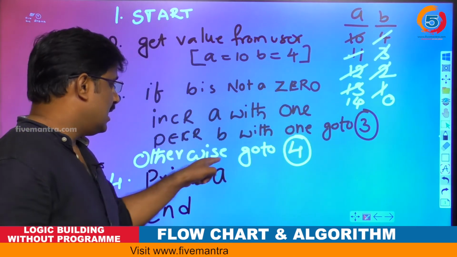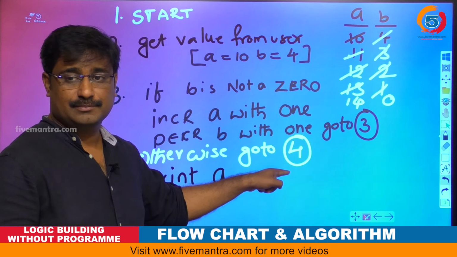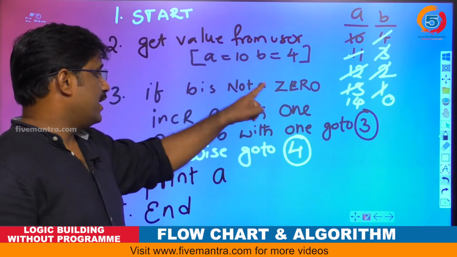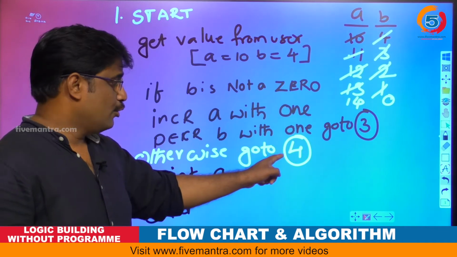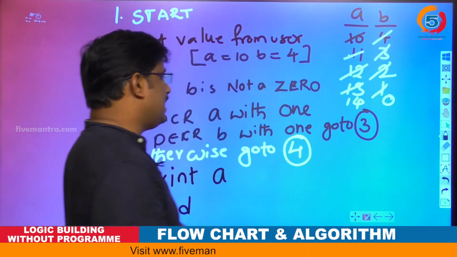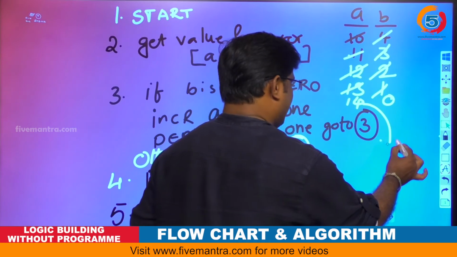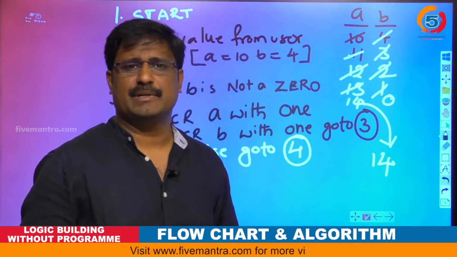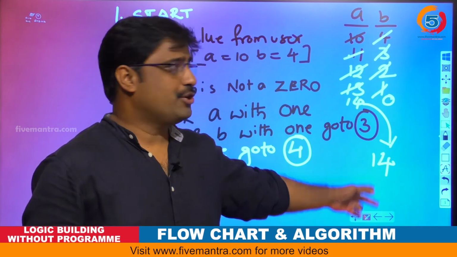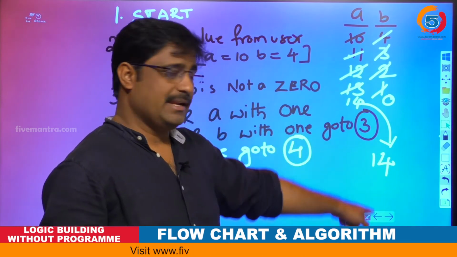We have to go with the otherwise go to 4. What is the fourth step? Print a value, that is nothing but a 14. Addition of two numbers. Okay, addition of a and b is a 14.